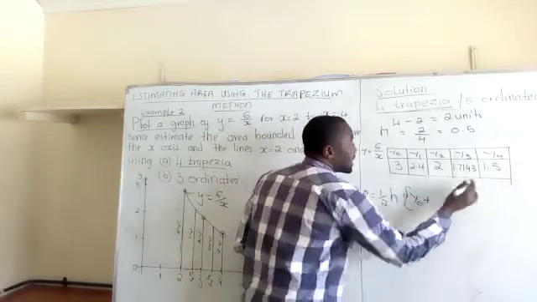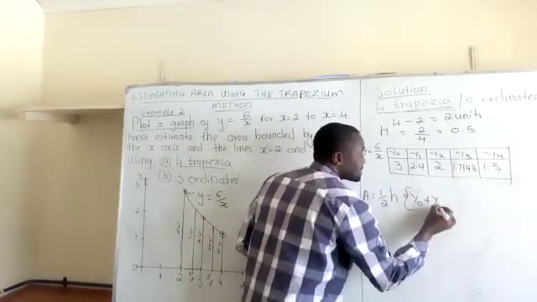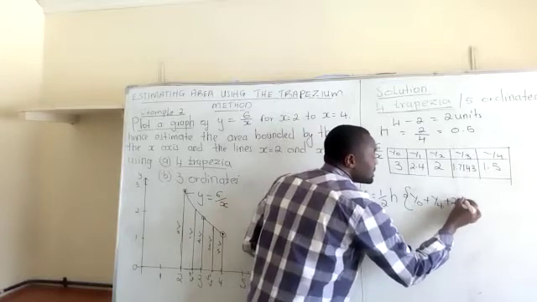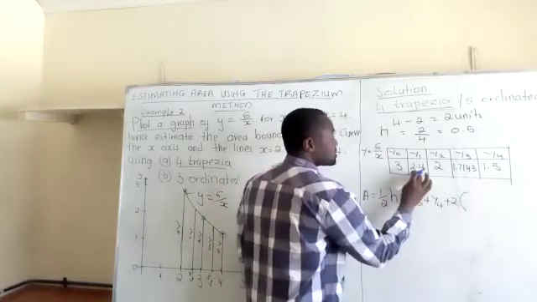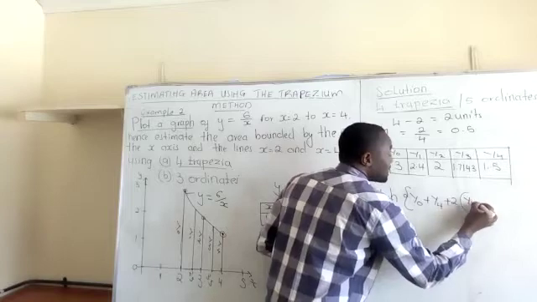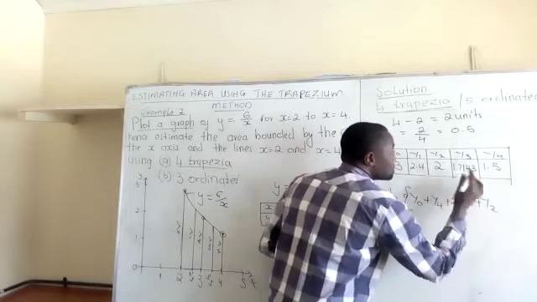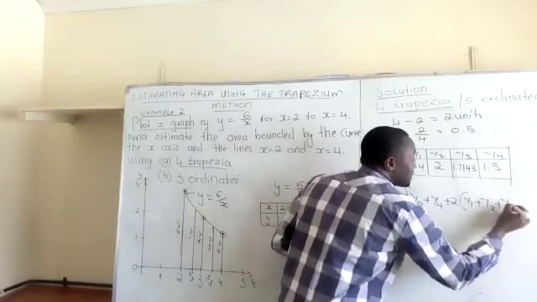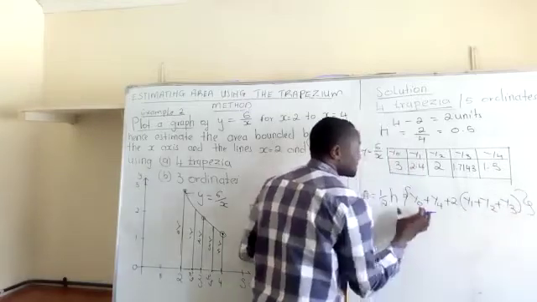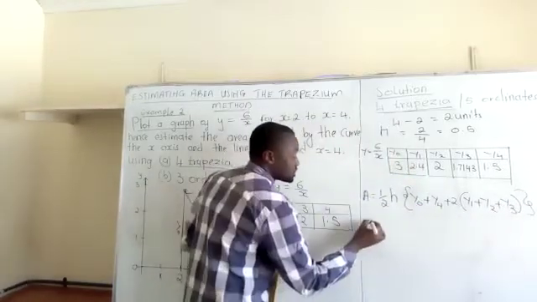Then we go ahead and calculate the area, which will be a half h times the first ordinate plus the last ordinate plus twice the ordinates in between, which is y1 plus y2 plus y3. All that multiplied by a half h.